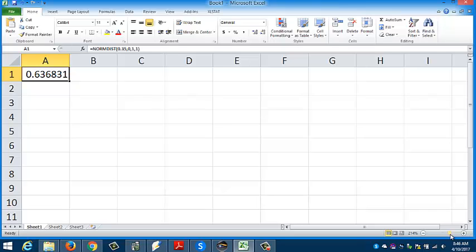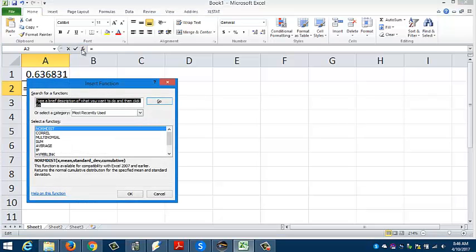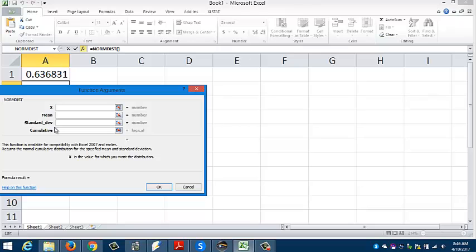Let me show you why. On the next line, let's repeat the process. Let's hit the function key again. So, I want norm distribution again. Oh good, it's right there on top. What do we want x to be this time?